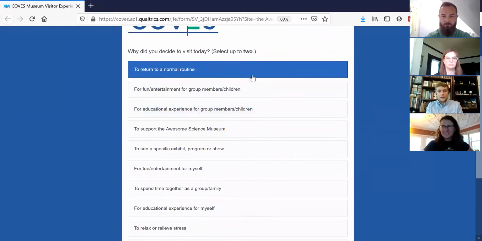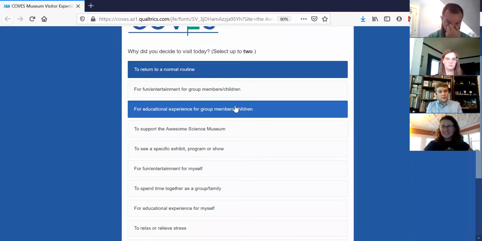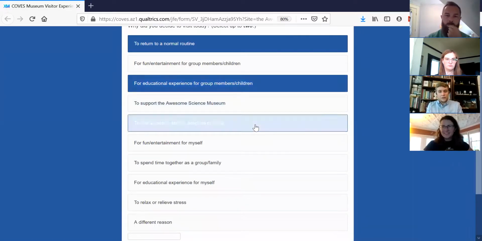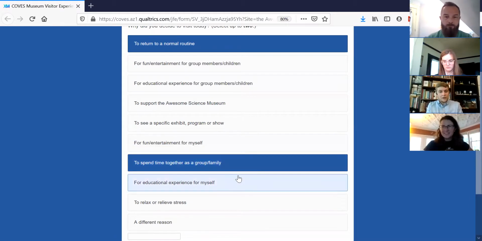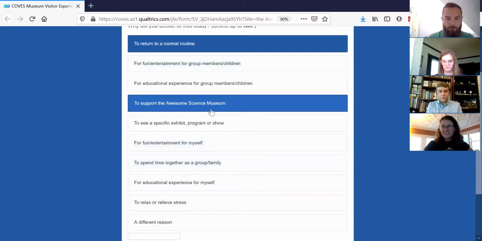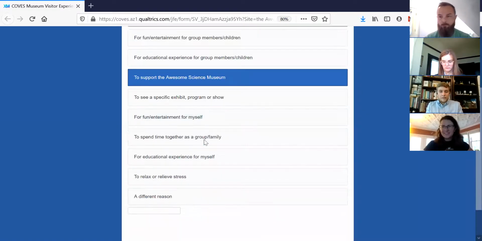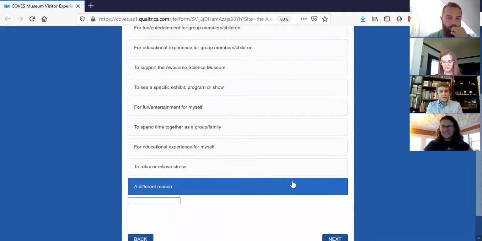We kept some of the top 5, basically: fun or entertainment for my group, educational experience for my group, to see a specific exhibit or show, fun or entertainment, spend time together. Those are the same, but we've added these new ones: to return to a normal routine, to support the Awesome Science Museum, to relax or relieve stress, and a different reason.